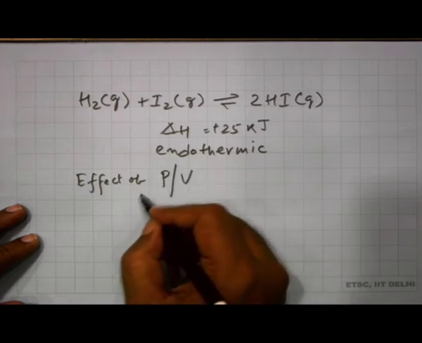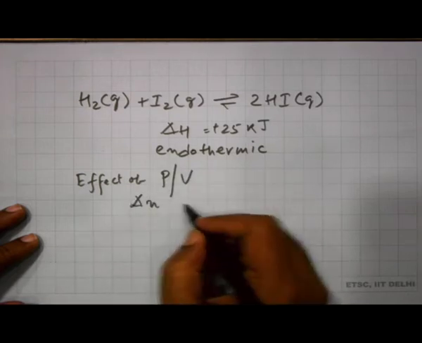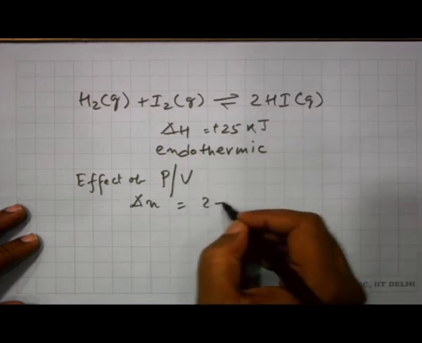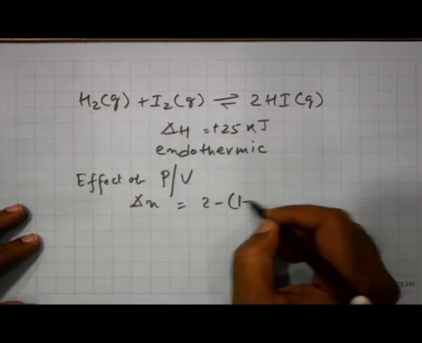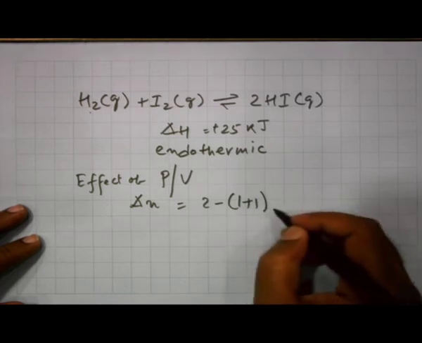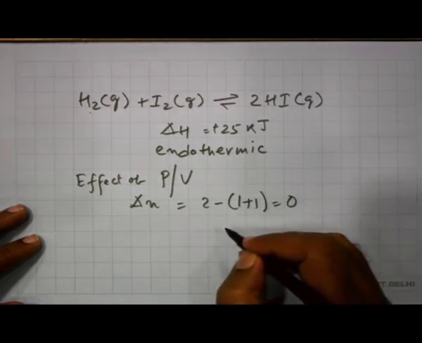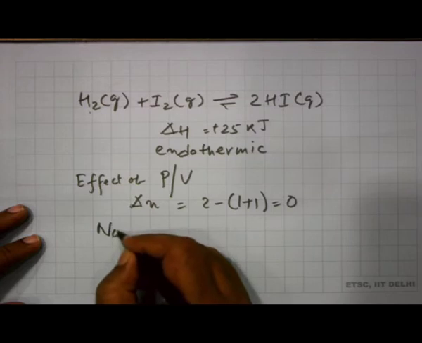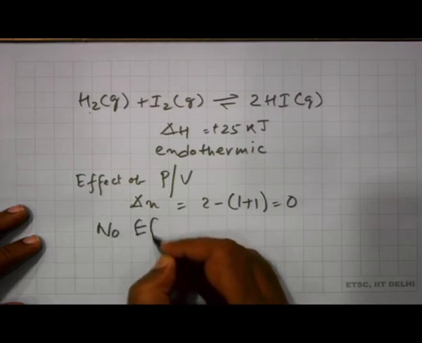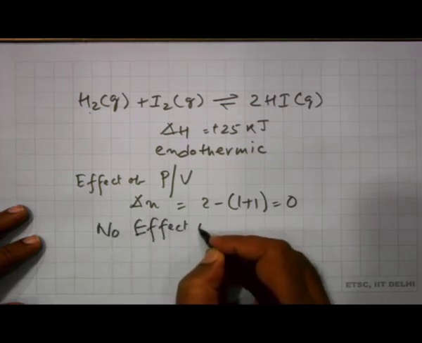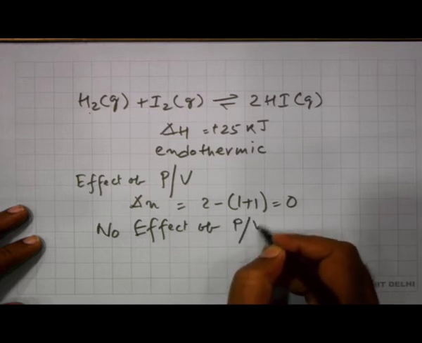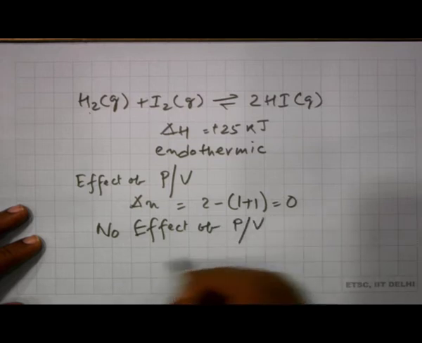First we calculate delta n, and delta n here is 2 minus 1 of H2 and 1 of I2, so this is 0. So no effect of pressure or volume. What about others?